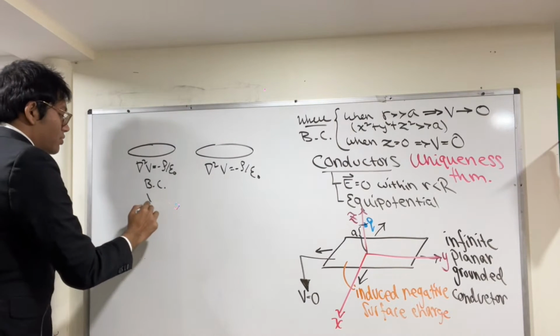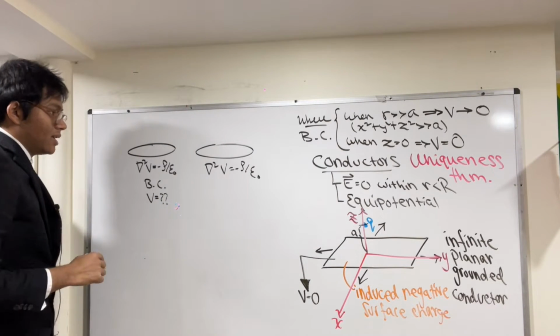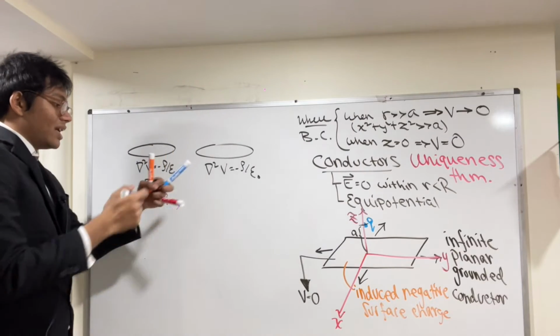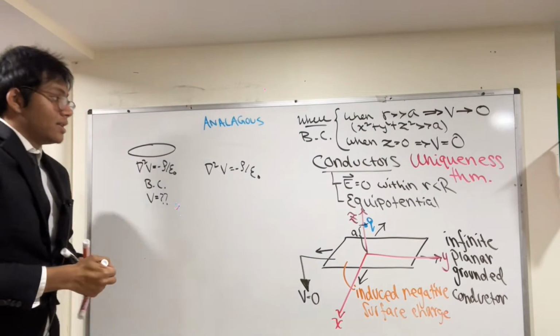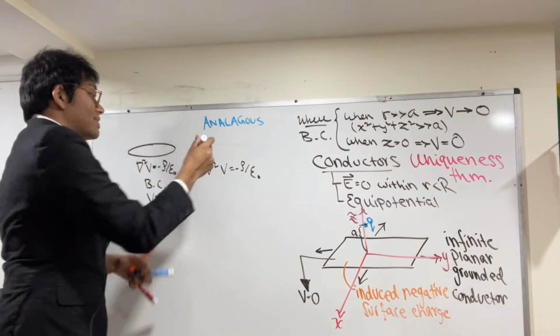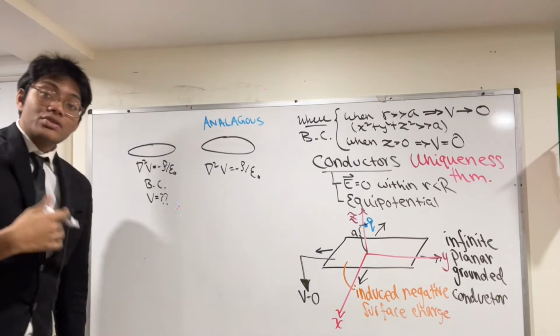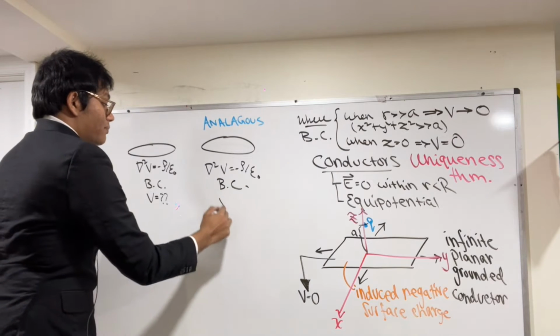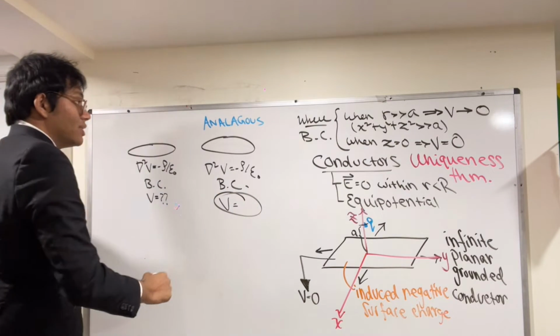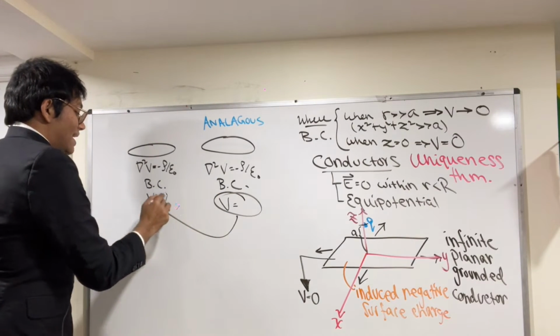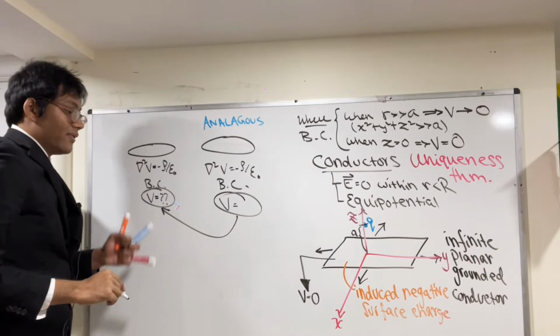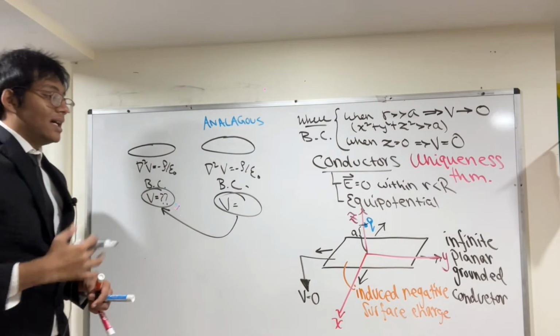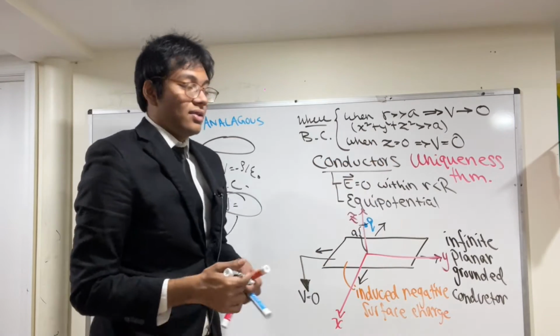Okay, so you don't know how to figure out the electric potential. The uniqueness theorem says that if you can find an analogous problem where the boundary conditions are the same, but the electric potential is much easier to find, then the potential for this new analogous problem will be the exact same as the potential for the original problem. You are guaranteed that via the uniqueness theorem.